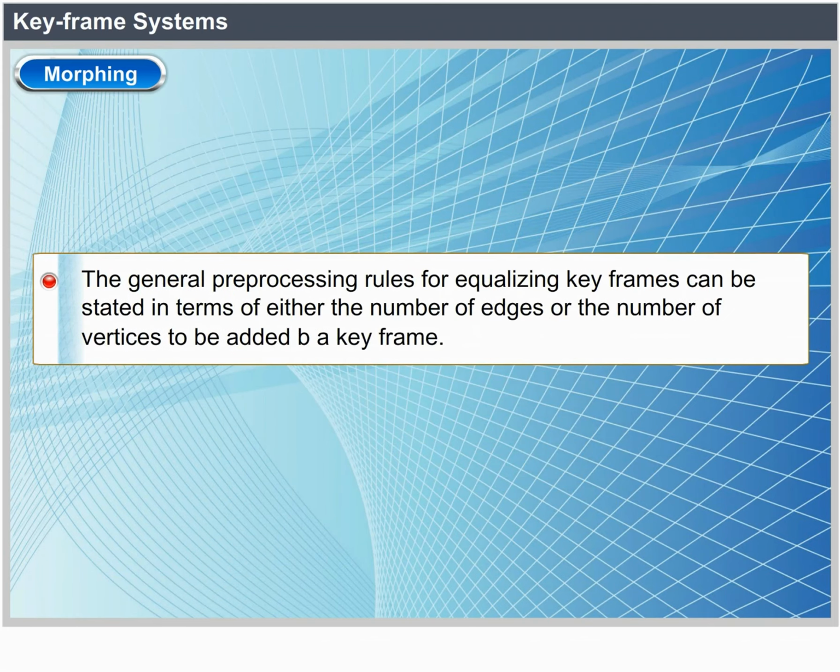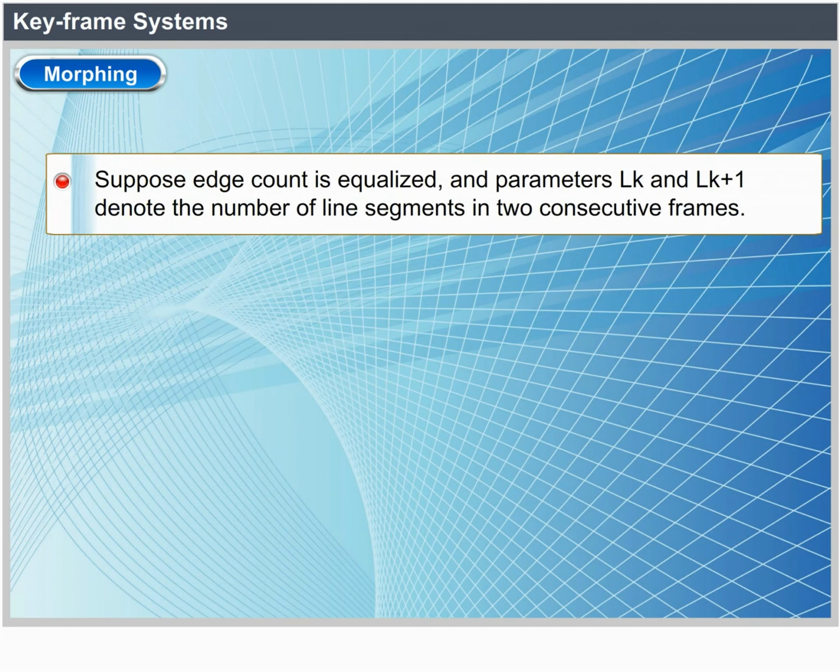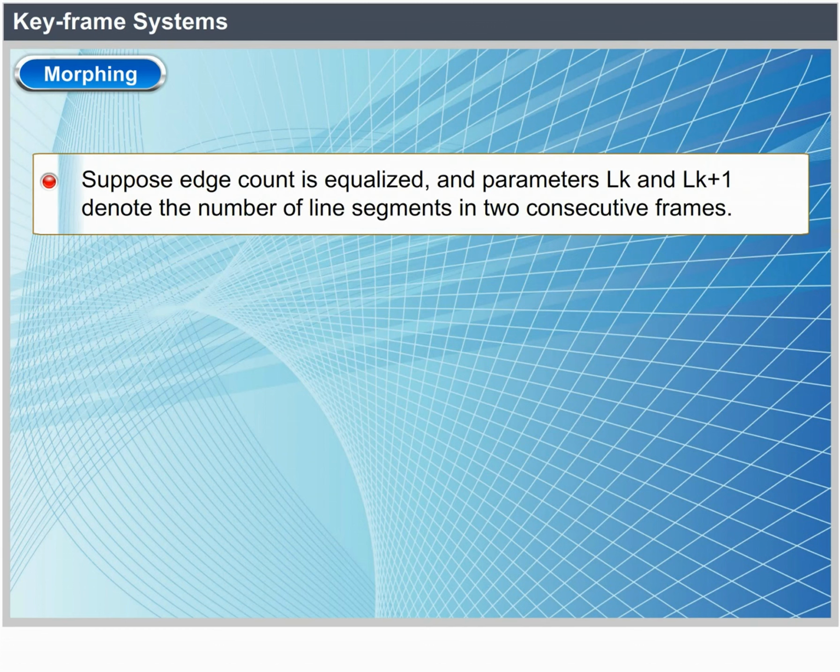We can state general preprocessing rules for equalizing keyframes in terms of either the number of edges or the number of vertices to be added to a keyframe. Suppose we equalize the edge count, and parameters LK and LK plus 1 denote the number of line segments in 2 consecutive frames.